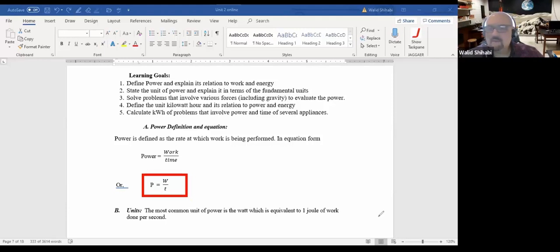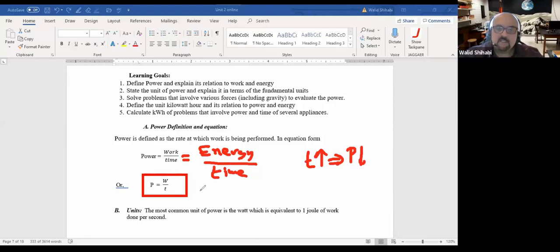We know work and energy are interchangeable. So you can see power is inversely proportional to the time, meaning the longer the time it takes, the less the power.